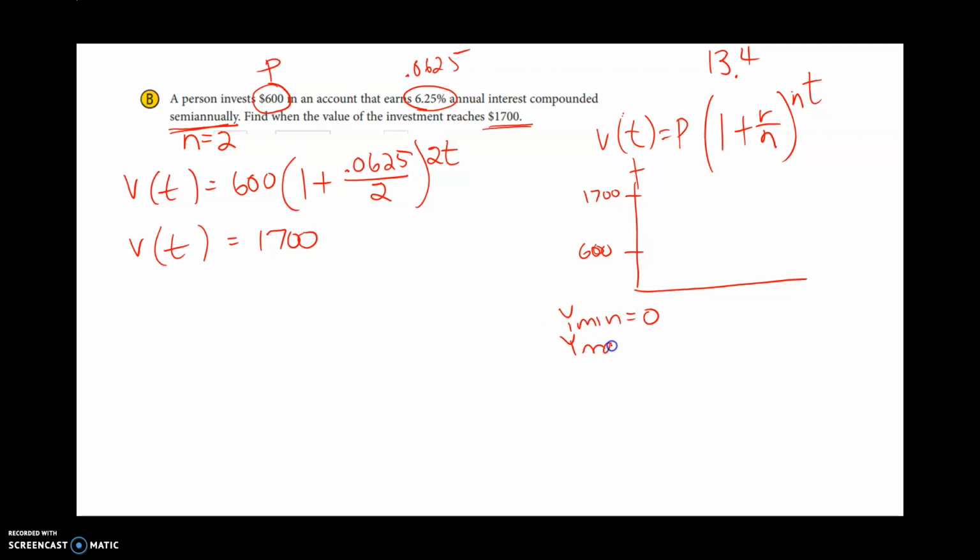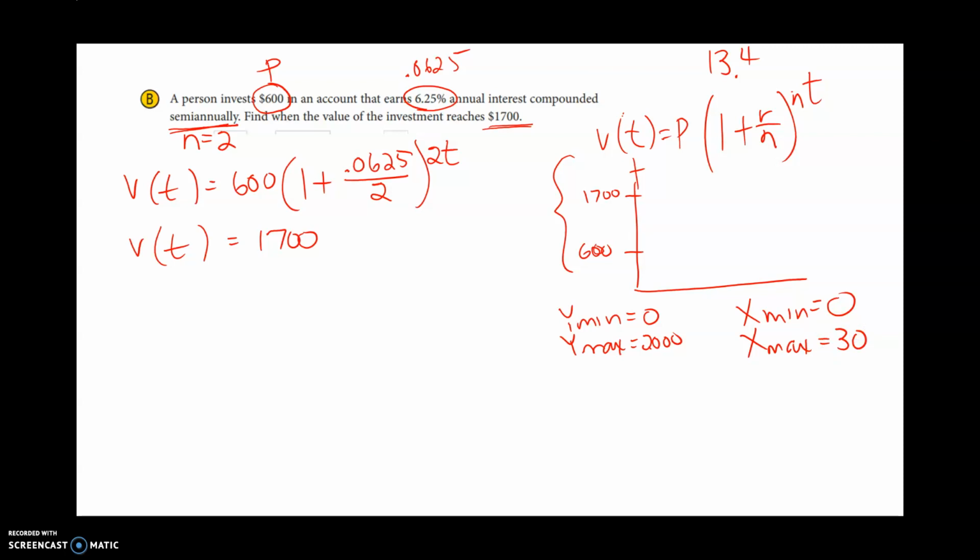Y max, why don't we make it $2,000? Then we can see everything going on. Now this money, they're asking it to grow more than double, and that's going to take a while. So if we start at an x min of 0, I would say let's put an x max of 30 years out there.